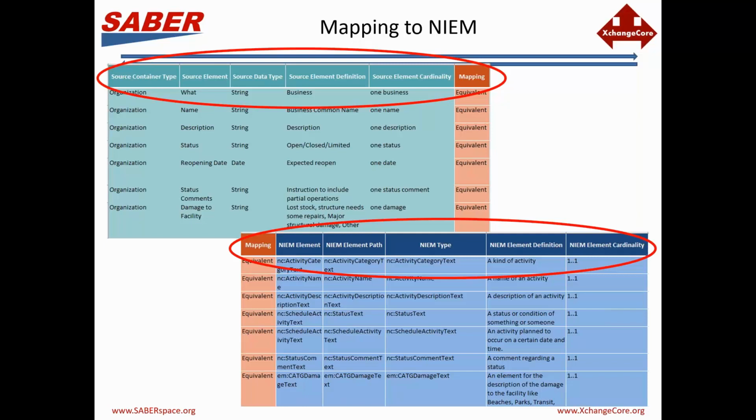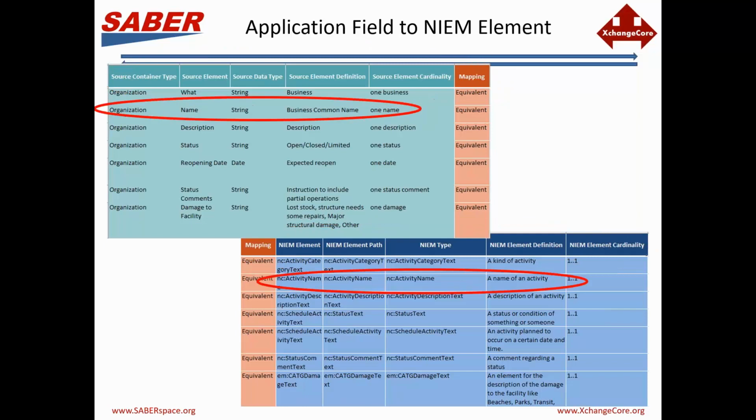So we have a business there that we've defined as one that is only going to be here because it's closed. That's the activity that we're going to see there, and we're going to see that activity category text representing the business. So it's that process of translating, with all those terms in blue, all the NIEM things, those are fixed. You find one or you create a new extension to NIEM to match the words on the left-hand side.